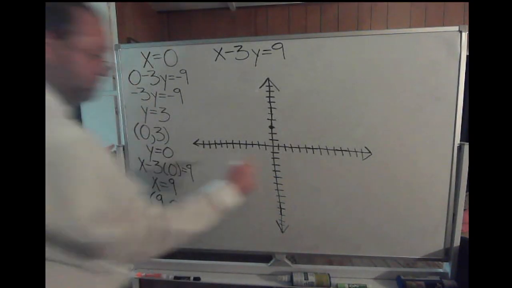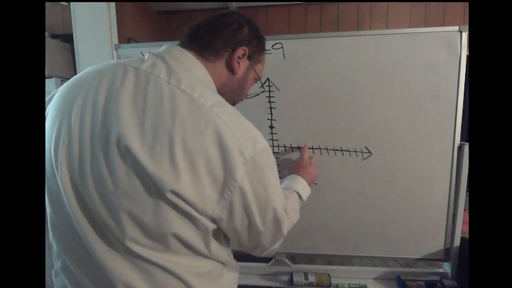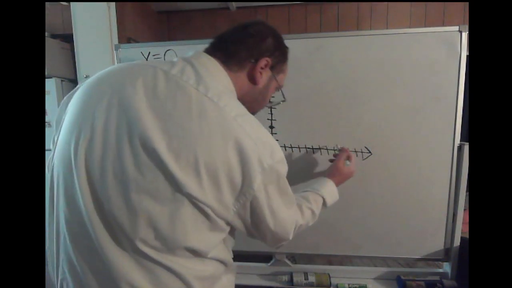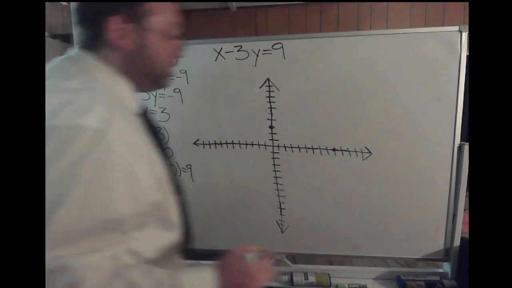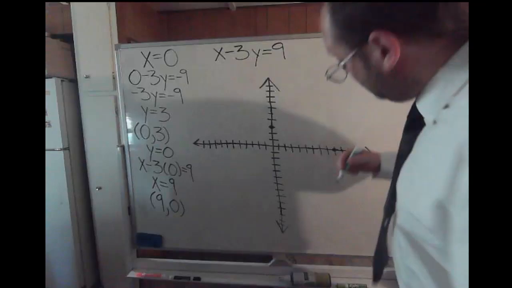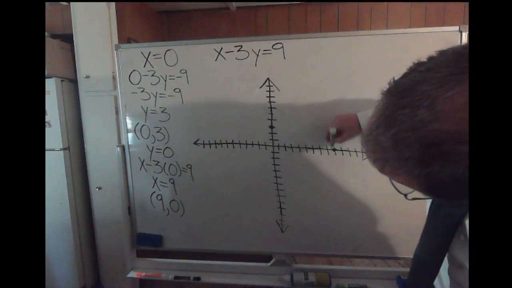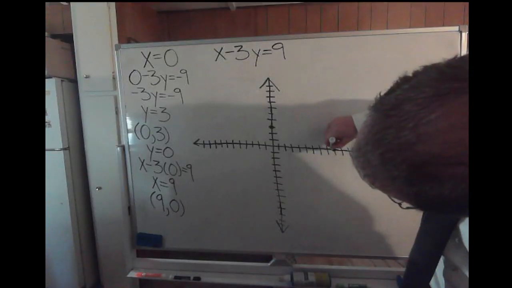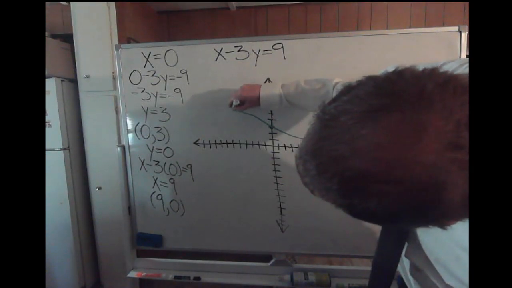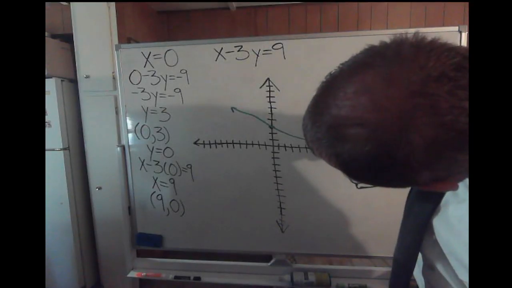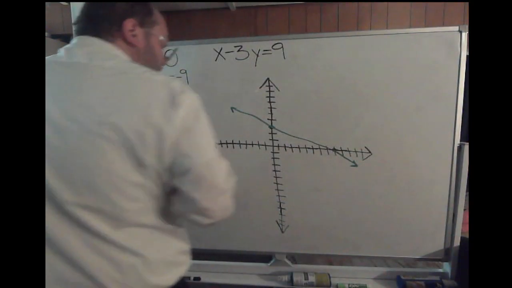So let's move that over. Let's plot that point. 1, 2, 3, 4, 5, 6, 7, 8, 9. Here is 9, 0. Now all that's left to do is connect the dots and draw a nice line. This is going to be a steep one. I'm not the best at drawing the straightest, as you can see, but that's roughly about what it should look like there.